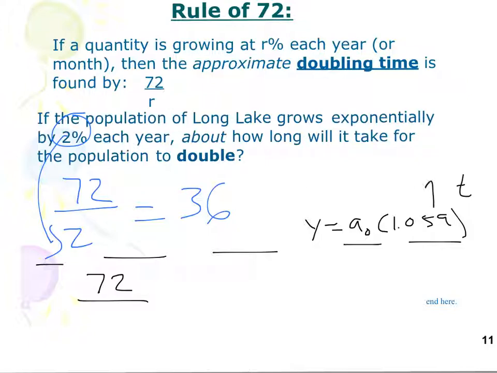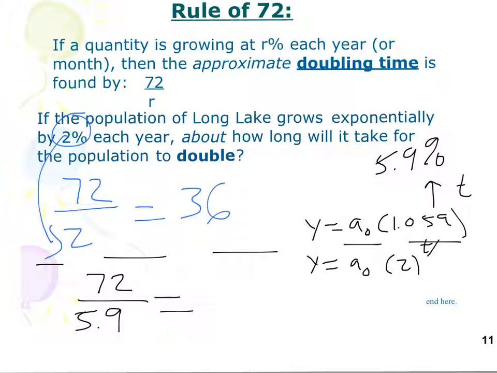Remember, this rate right here implies that the account is going to get 5.9% growth per year. So what I would do according to this is take 72 divided by 5.9, keeping in mind that this model came originally from the doubling model of 2 to the t over 12 power. And the problem told us that this account doubles every 12 years. We'll take 72 divided by 5.9.